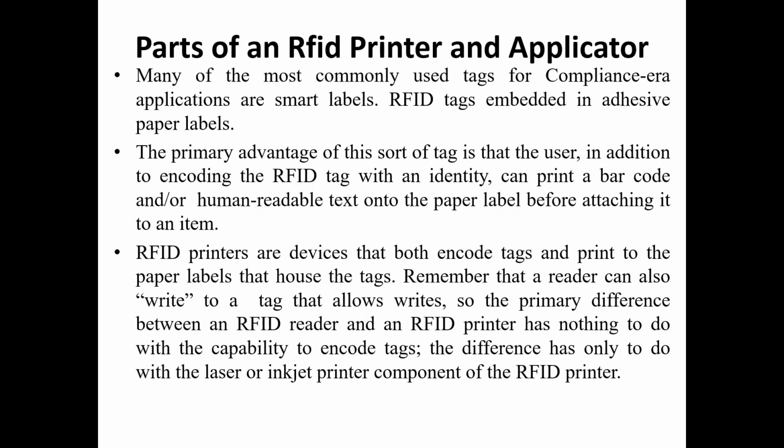It is a specialized device that prints labels with embedded RFID tags, encodes data onto the tags, and then automatically applies the labels to products, cartons, or pallets. It combines three main functions, printing, encoding, and applying, into one integrated system.